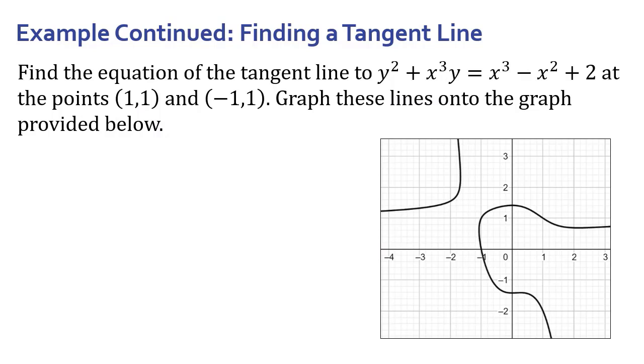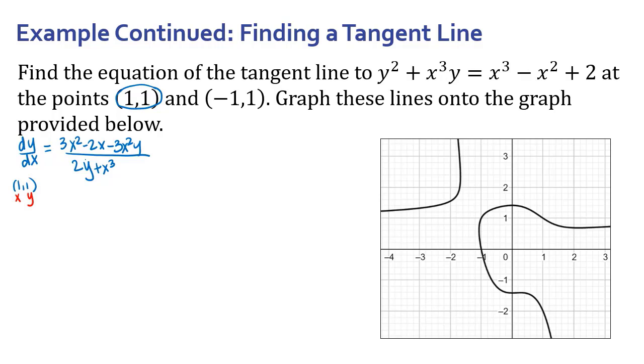Again, we found that our formula for the slope of the tangent, or the derivative, at a specific x and y value is 3x squared minus 2x minus 3x squared y, all over 2y plus x cubed. If I was trying to find the equation of the tangent line at the point (1, 1), our x value is 1 and our y value is 1.